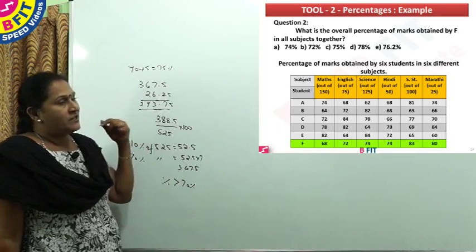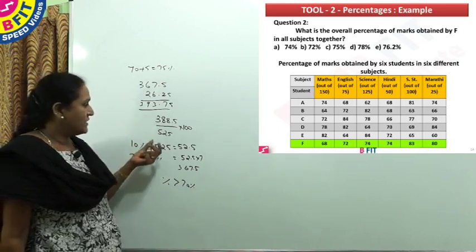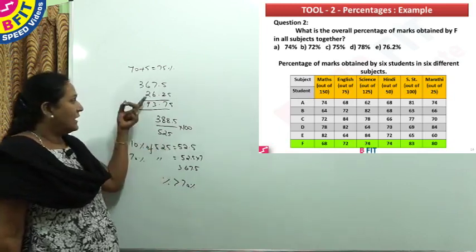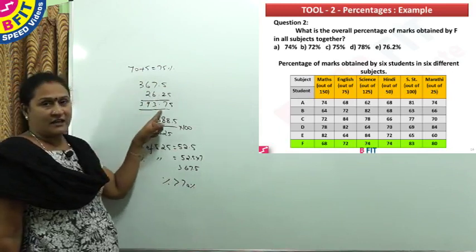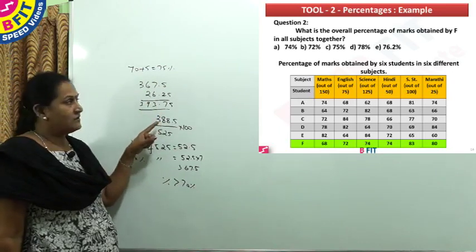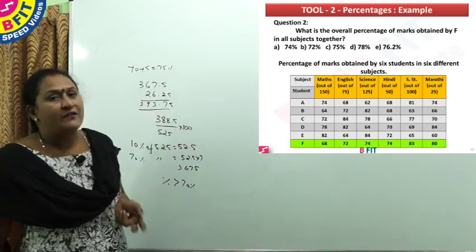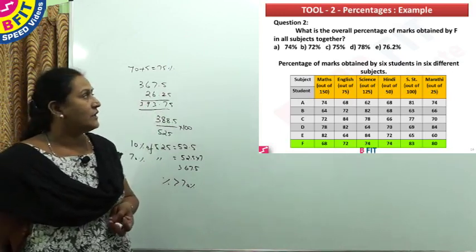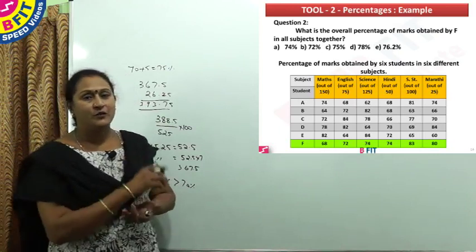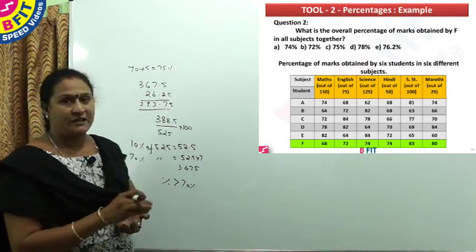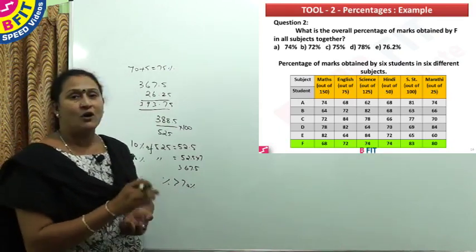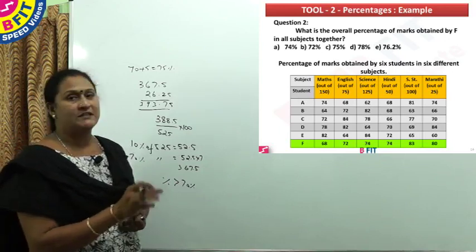As all the options are near the 70s, we check half of 10, adding we get 75% as 393. So the value is less than this. So the option can't be 78 or 75. It should be 74% as the answer. So it is option A, 74%. The overall percent got by F in all the subjects is 74%.